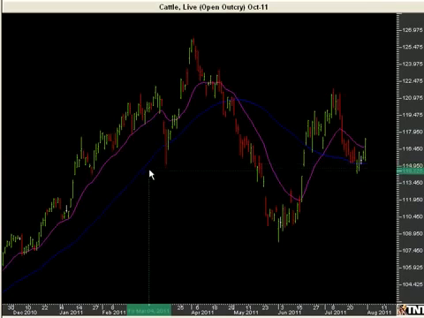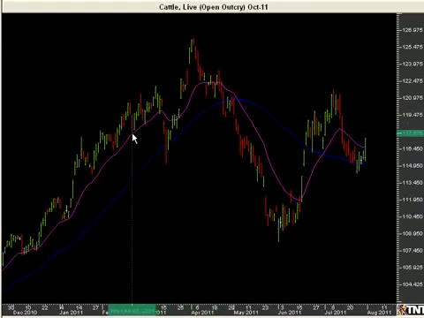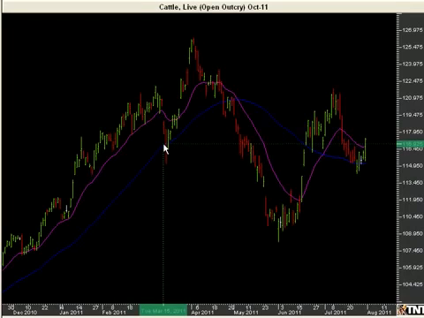You can think of your moving average lines as a moving trend line, and you can see how the market responds to the 20-period moving average as well as the 55-period moving average. As a rule of thumb, if the market is above the 55, then we're primarily looking for buying opportunities. And if it is below the 55, then we are primarily looking for selling opportunities.